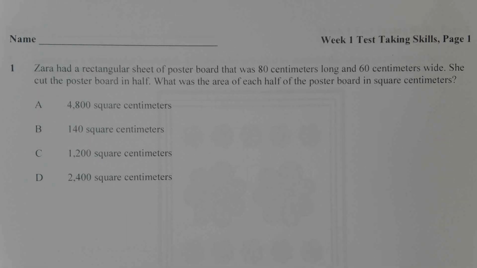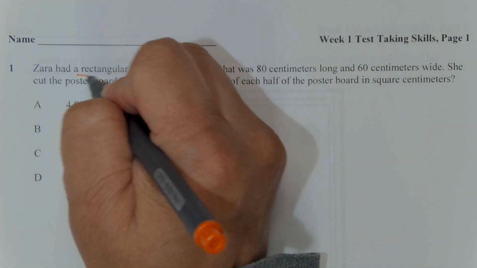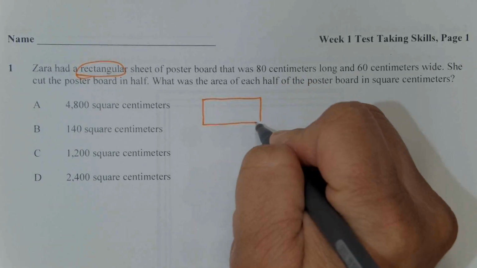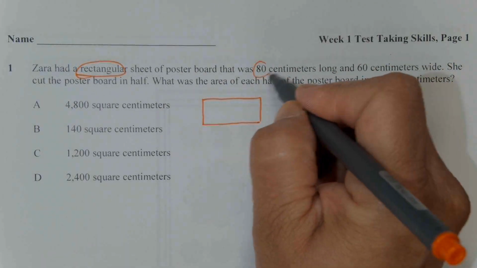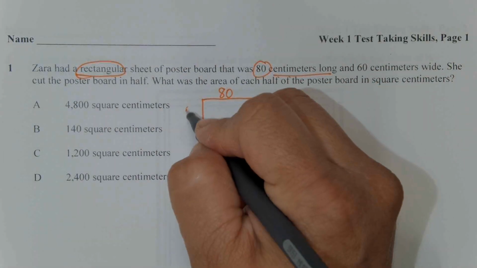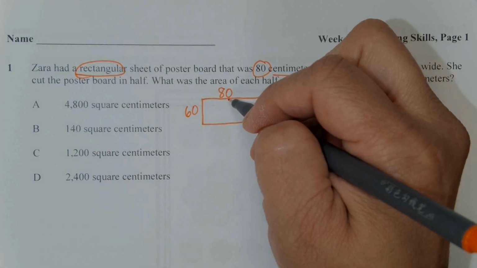So she had a rectangular sheet of poster board, so we know it's a rectangle. That was 80 centimeters long, so this is 80 and 60 centimeters wide. She cut the poster board in half.